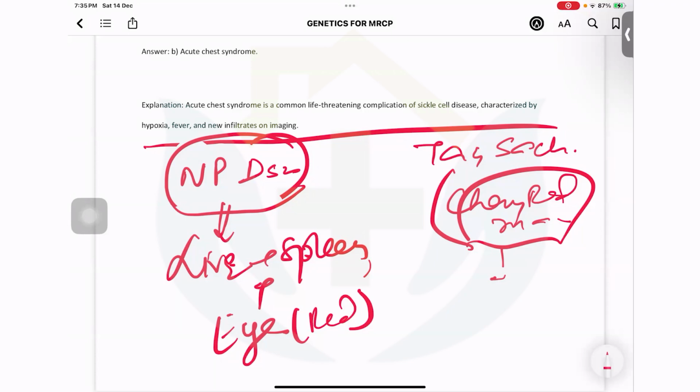So they will have a big tummy, spleen and liver, and of course, in just one variant, I think they will have a red cherry spot. Please check it for me. Sure, sir. But in Tay-Sachs disease, classically, if there is hepatosplenomegaly, it is not Tay-Sachs disease. This is the dictum. Moreover, Tay-Sachs presents very early with a lot of neurological manifestations.